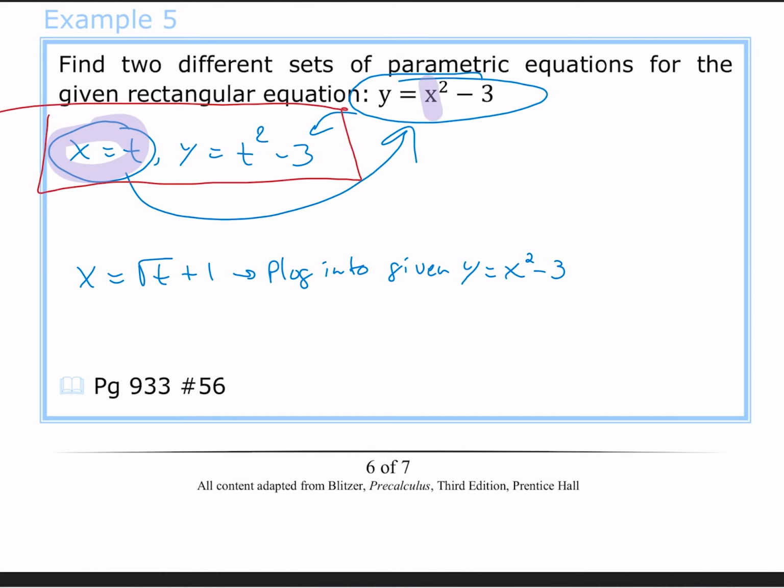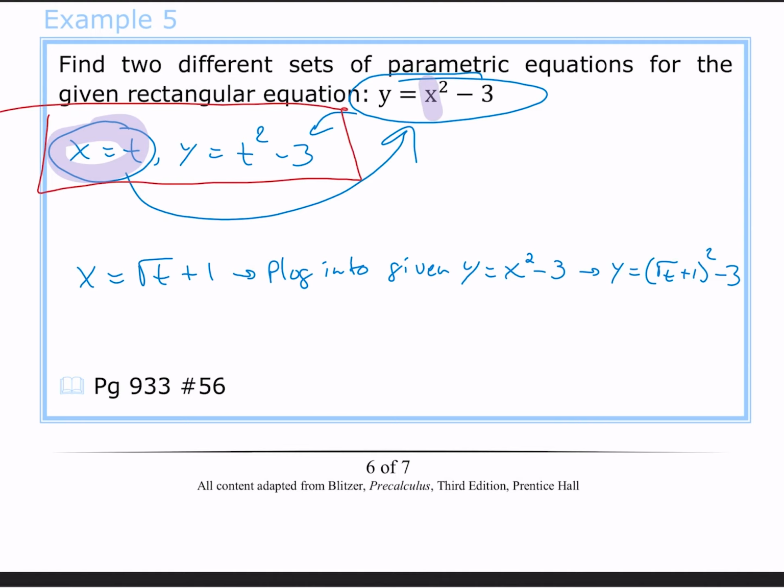And what do we get after doing that? We get y equals the square root of t plus 1 quantity squared minus 3. Not x equals, y equals. I was distracted for a moment there.